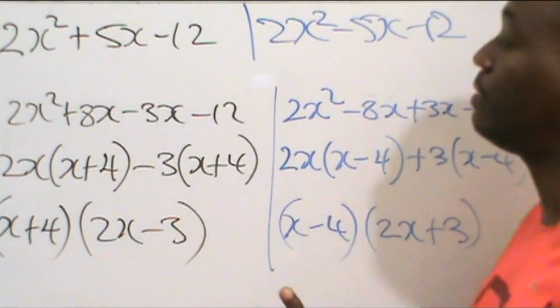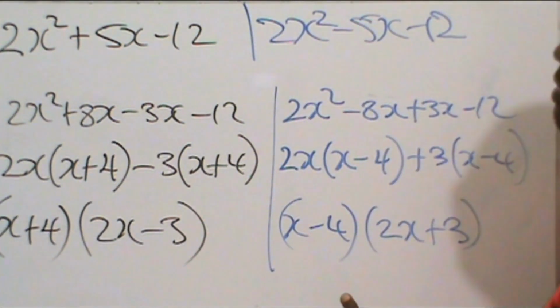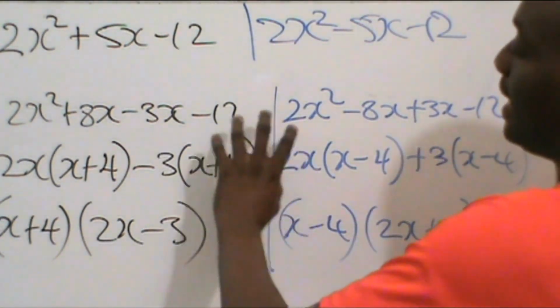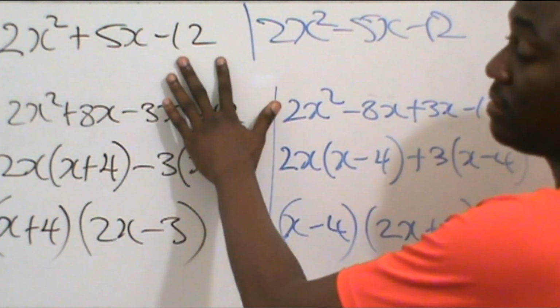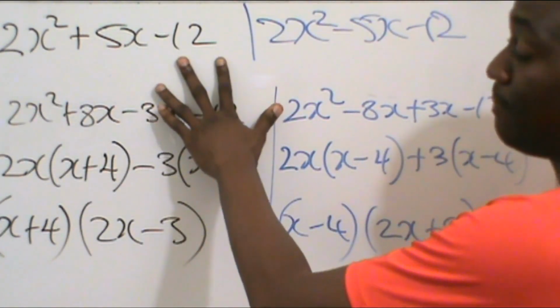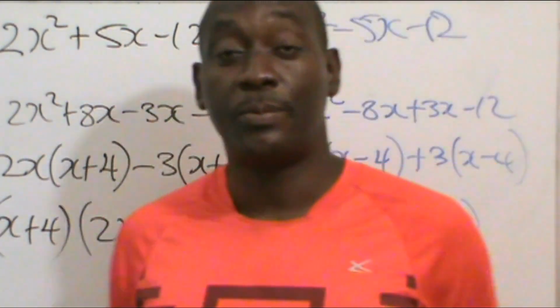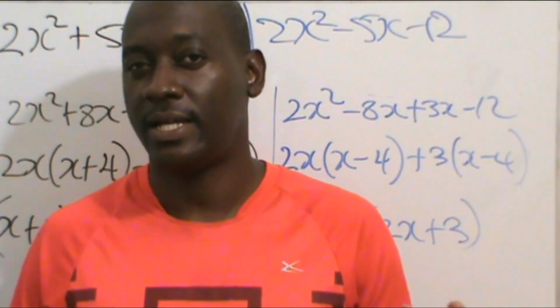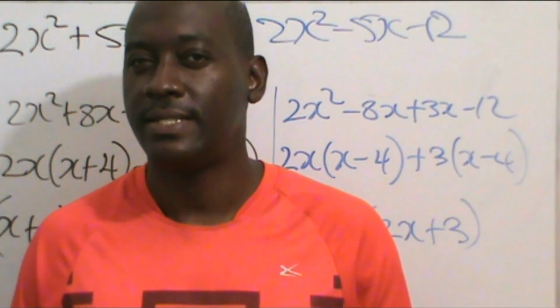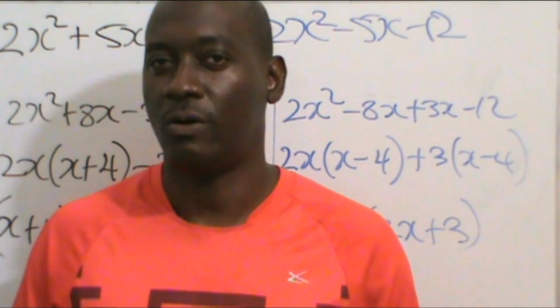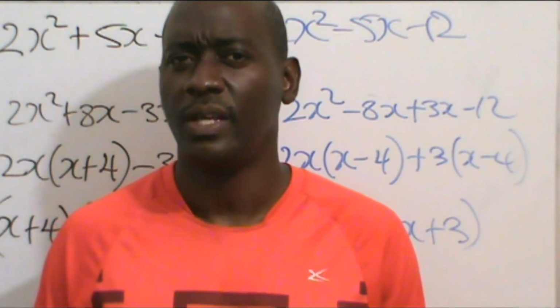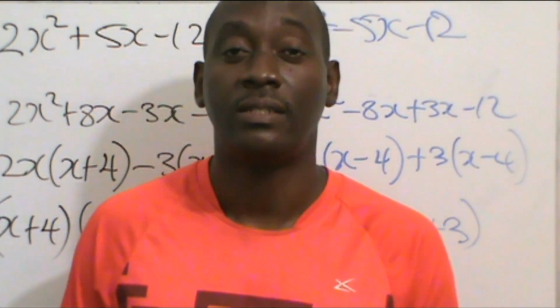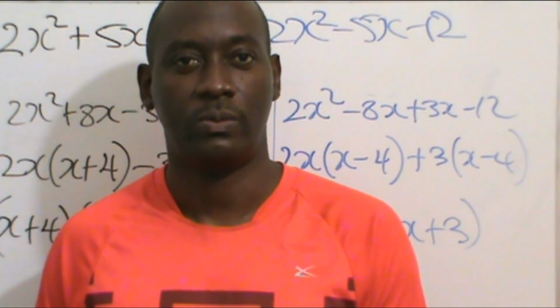Because this is a very common mistake that people make. Here, most people will get 2 by minus 12 is minus 24, fine. A lot of people will get to realizing that minus 24 is either 8 by minus 3 or minus 3 by 8. At that point, people will start mixing up the two.